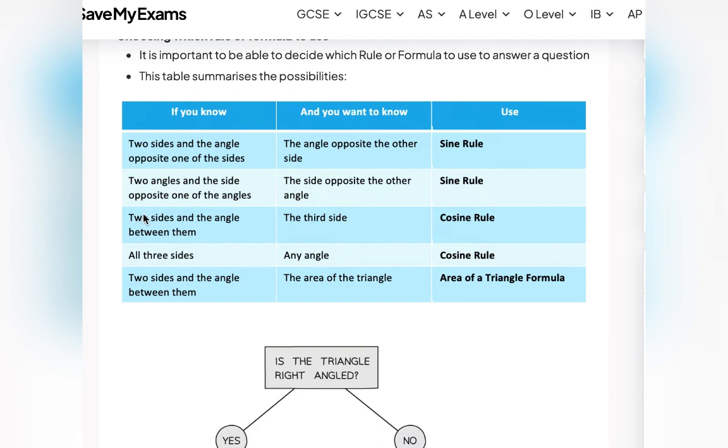Then the third case: when you know two sides and the angle between them, and you're looking for the third side, you use the cosine rule.